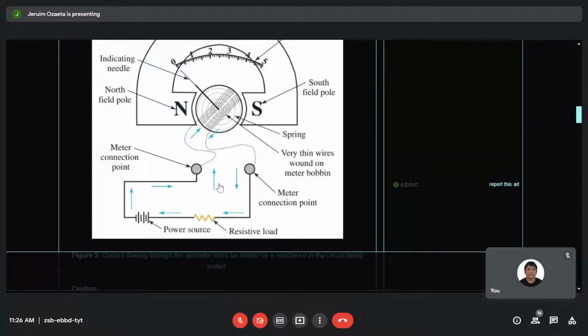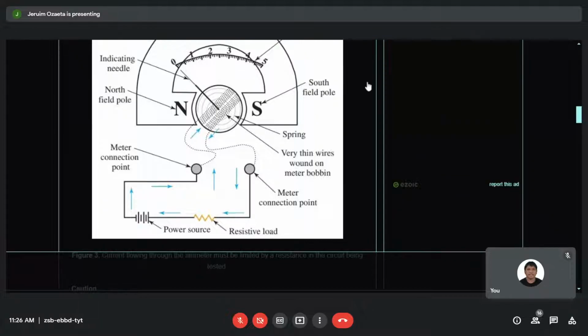Okay, so if you are going to measure a potential, that potential should be within the reach of the current that will flow in the resistance, which is limited by the resistance of the load.